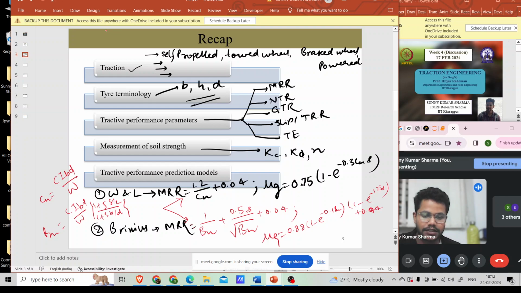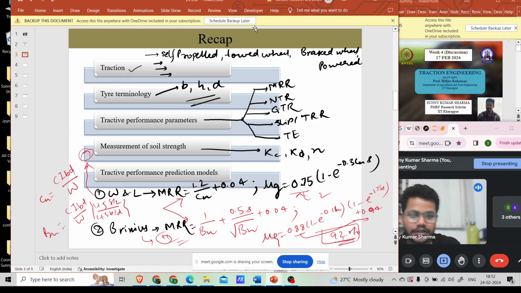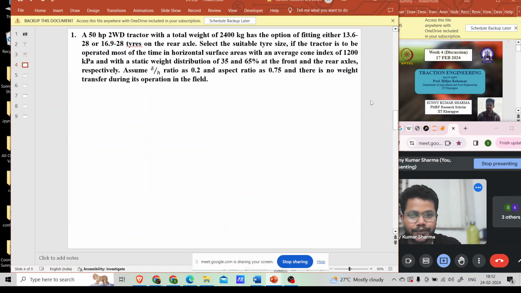Thus, here Brixius is telling that 92% of the weight coming on the wheel can be achieved as gross thrust. And in Wismer and Luth, only 75% of weight can be converted into gross thrust ratio. Wismer and Luth took how many parameters? They took 9 parameters, and Brixius 11 parameters. This thing we discussed last week.